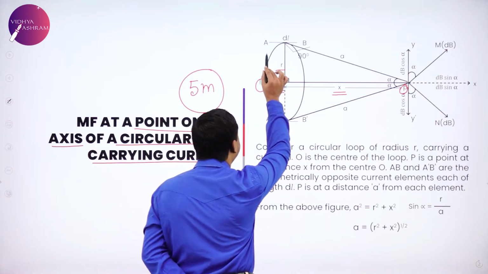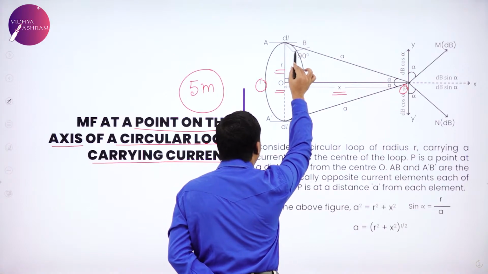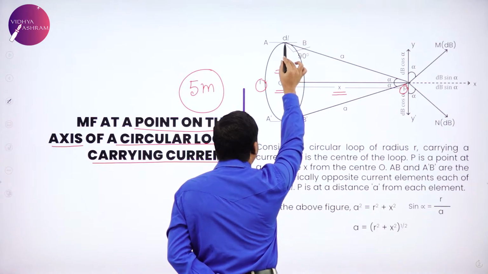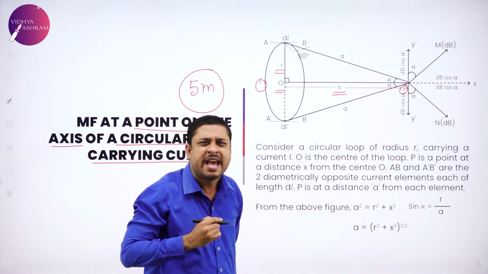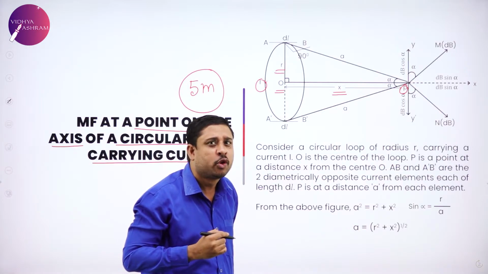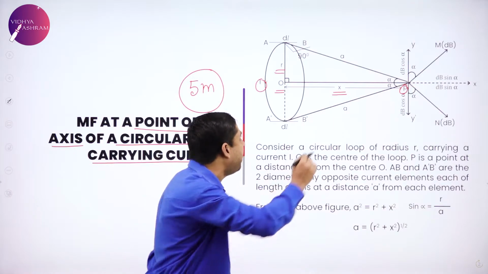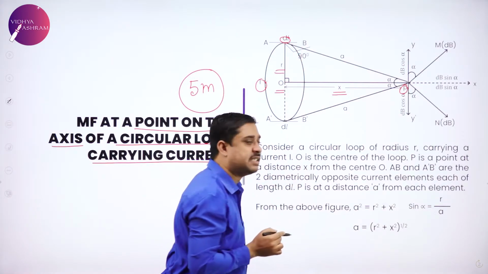So I consider a thin current element AB whose length is dl. A very thin, please do keep in mind, a thin current element AB whose length is dl.